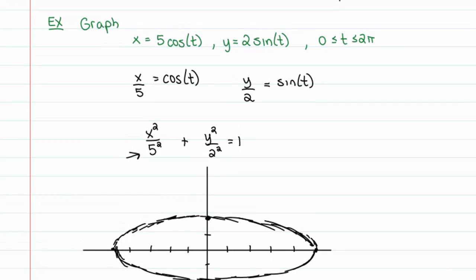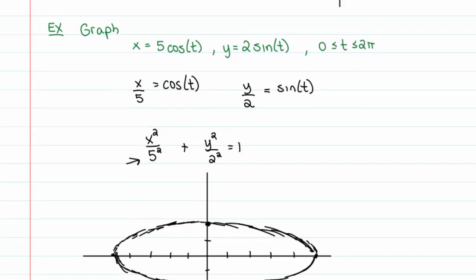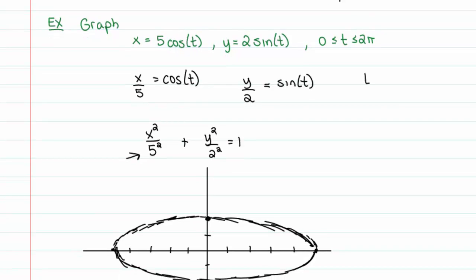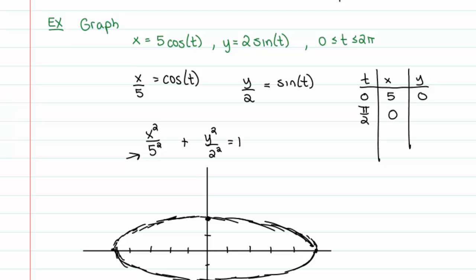We're going from time equals 0 to time equals 2 pi. So t versus x versus y, time equals 0. Cosine of 0 is 1, so that'll be 5 times 1. And then sine of 0 is 0. Time equals pi over 2. Cosine of pi over 2 is 0. Sine of pi over 2 is 1 times 2 is 2.